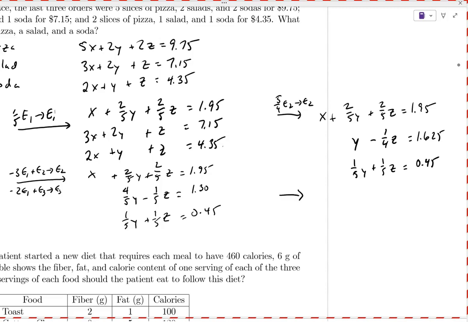Okay, get a 0 below it, right? Make that y go away in the third equation. What do you need to multiply the second equation by to make the y go away in the third equation? Yeah, but I gotta do the opposite of it, right? I gotta do -1/5 equation 2 plus equation 3 and replace equation 3.